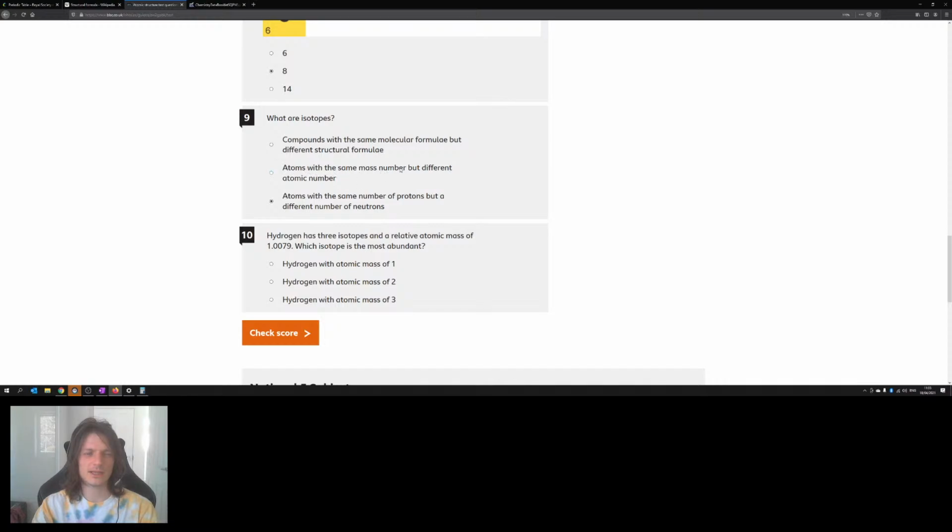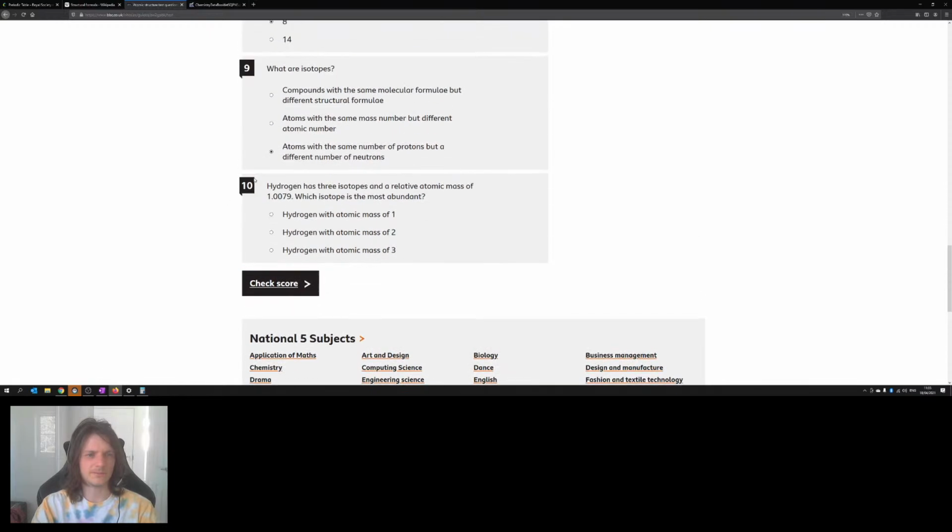Atoms with the same mass number but different atomic number. Oh god. I see. I thought it was when there was more electrons than protons. So what are isotopes? Oh, isotopes, not ions. Oh, I don't know. I have no idea. I can't remember.